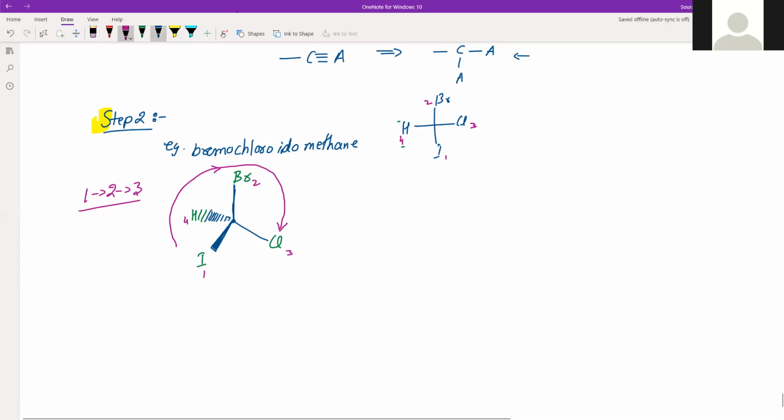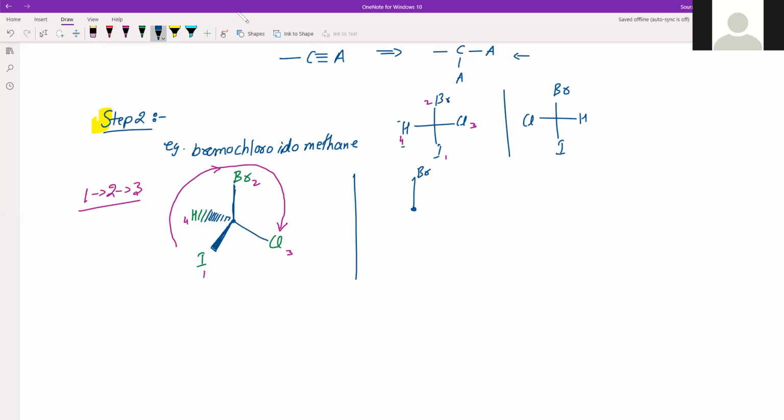Now, is there any other possibility? We have seen the other possibility: Cl here, H here, Br, and I. If we draw that structure, again we have to keep H in the background. H won't come in the front. So we only have to make the mirror image. How will that look? Br will be here itself. This is the central carbon.